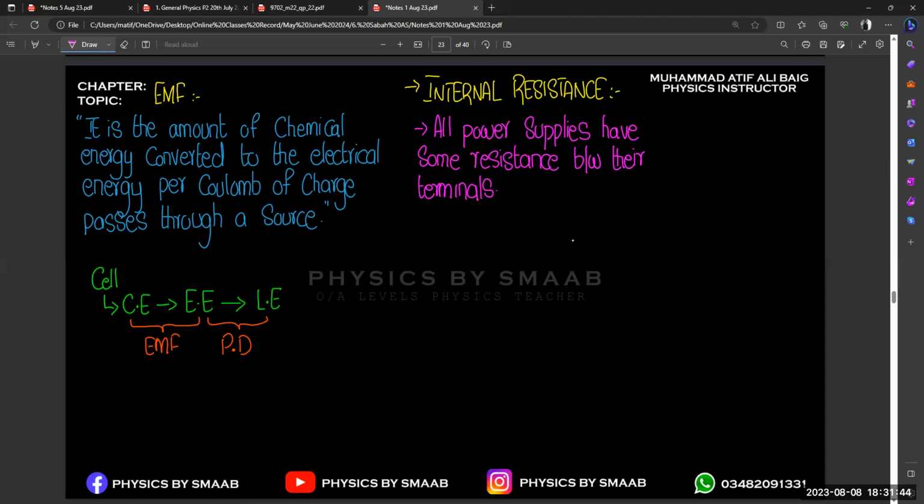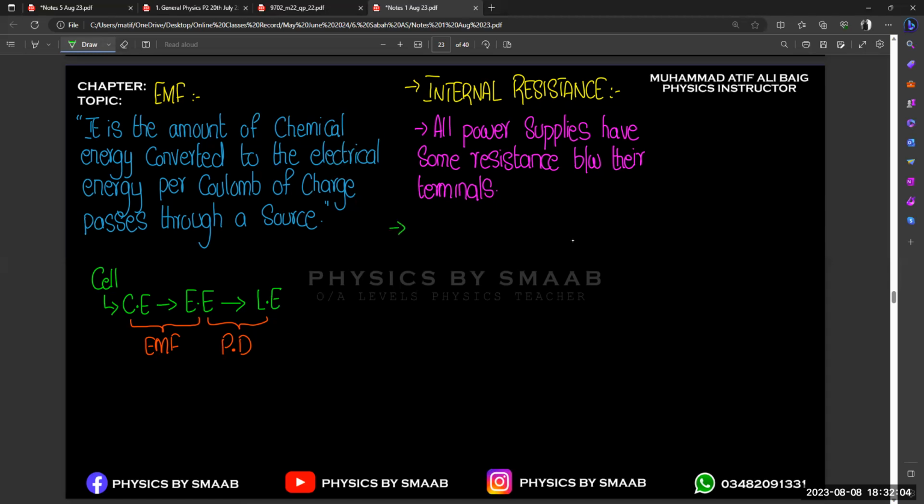We already discussed the whole concept of how this resistance is produced. We can identify this resistance with the heating effect, and that heating effect will also lose your power, or lose the energy, or lose the voltage from the supply.